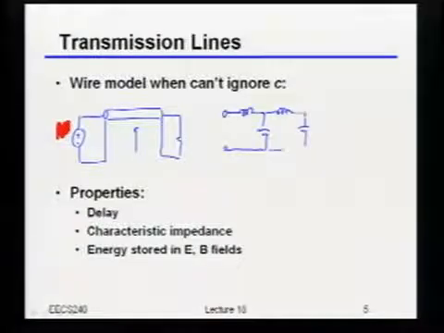Okay, so we can say each one of those little pieces of wire has some current flowing through it, so it has some magnetic field, so we can model that little piece of it as an inductance. But of course, there's also a voltage there, so there are electric field lines down to, for example, ground. So there's also a little capacitor, right?